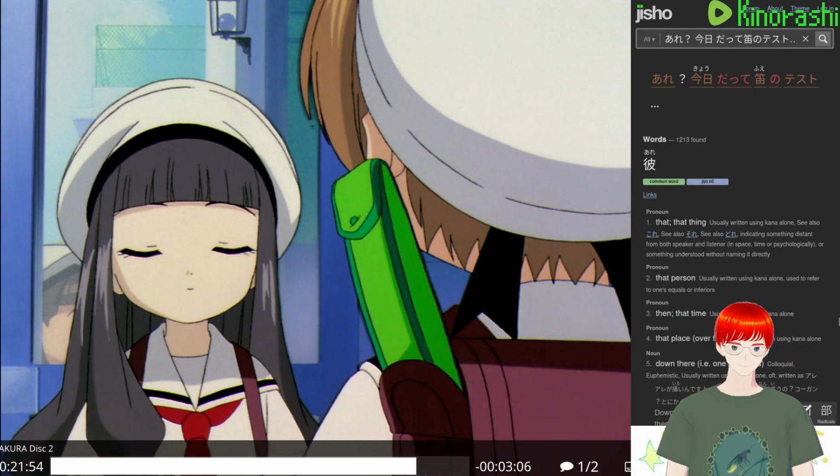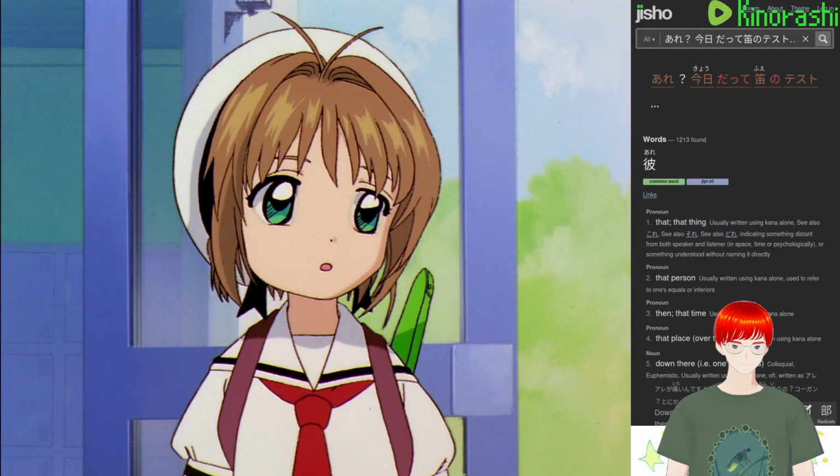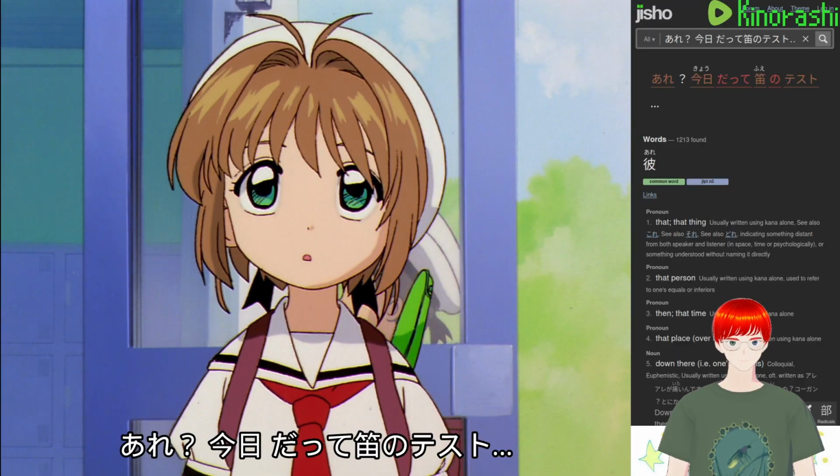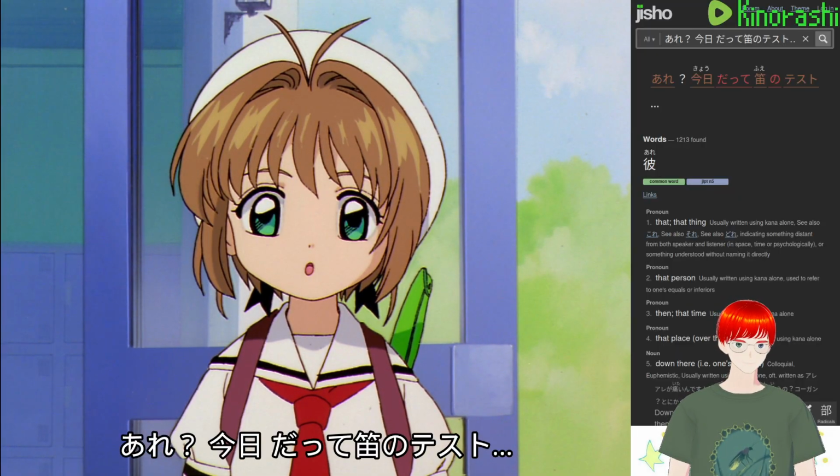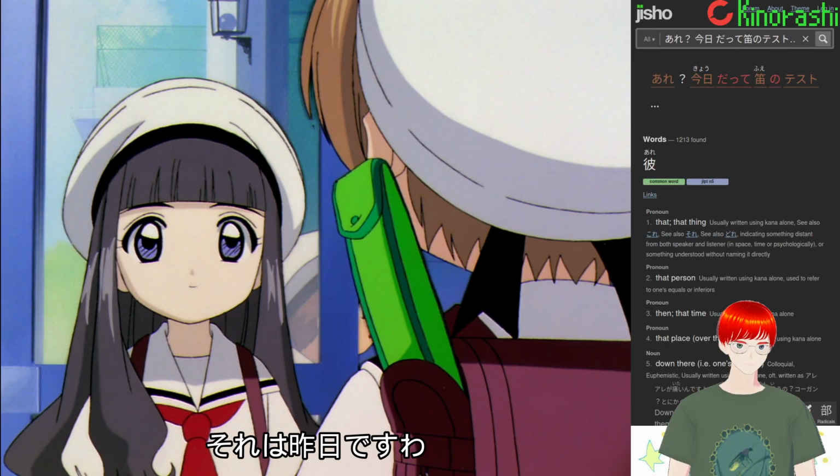でしたけど、あれ、さくらちゃんその笛、あれ、今日だって笛のテスト。それは昨日ですわ。 それは昨日ですわ。So, as for that, it was yesterday.